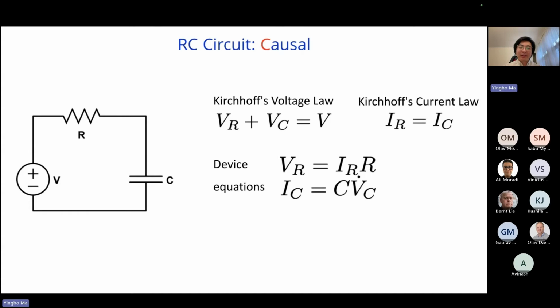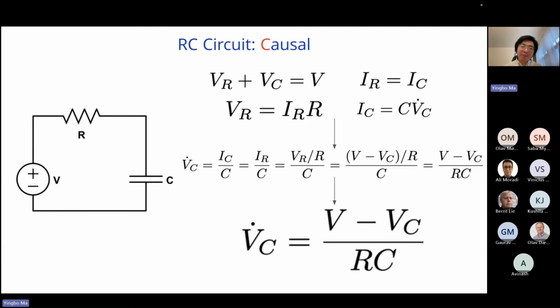So we list Ohm's law, and we say that the voltage change of the capacitor is proportional to the current through the capacitor, right? And from all these four equations, we know that there's only one differentiated variable. So this variable must be the state.